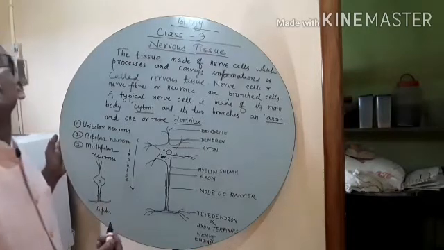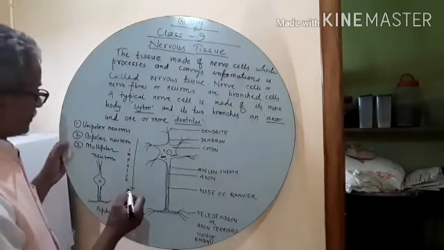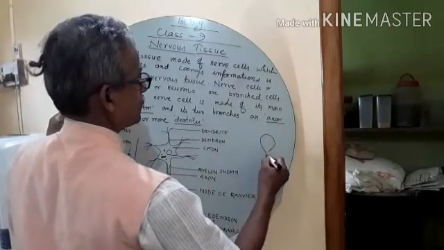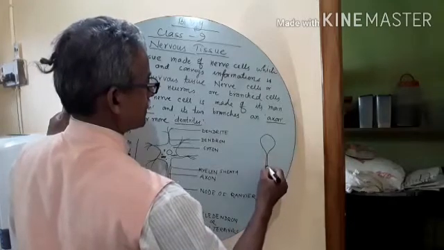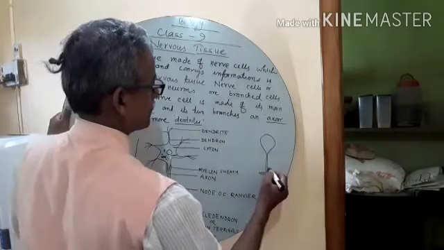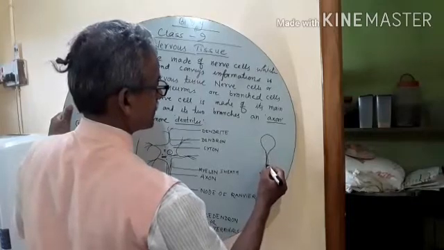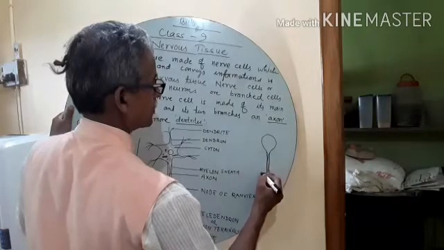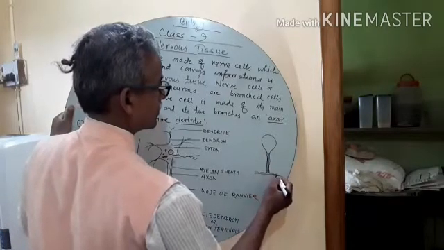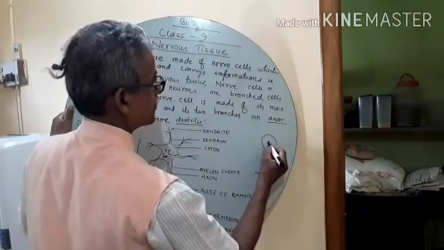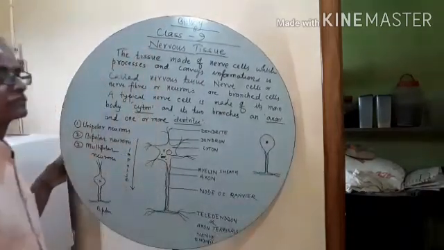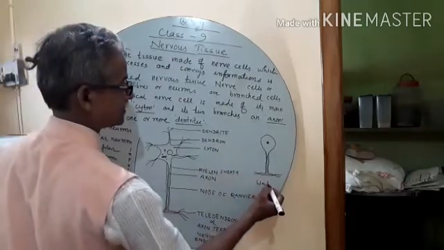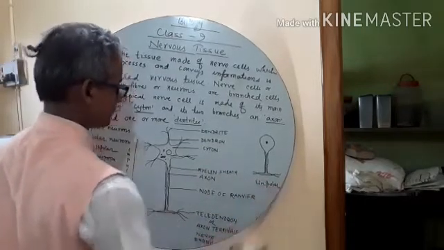And a unipolar neuron is just like this. Only one branch, and that is axon, emerging from the cyton. This is a unipolar neuron.